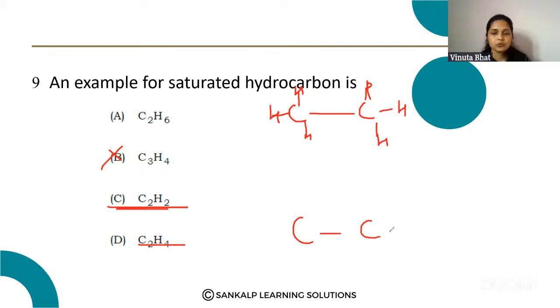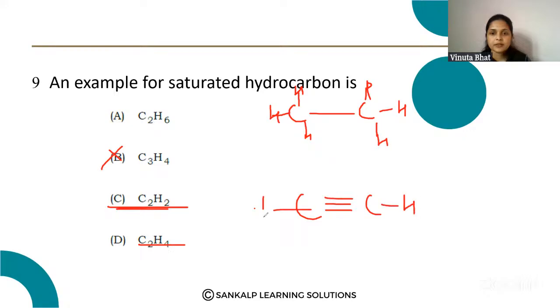Sorry, what I had drawn is C2H4 here, and C2H2 has the triple bond.